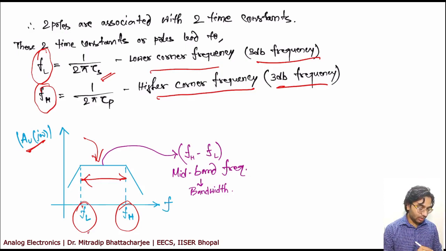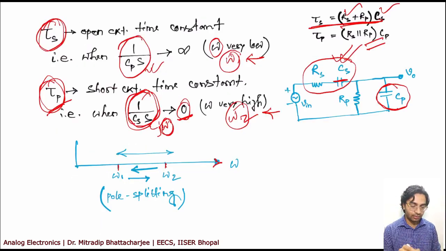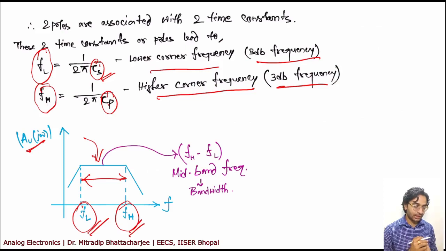And you can change the values of FL and FH by changing tau s and tau p. And tau s and tau p can be changed using the values of the Rs components, right? So you can actually get a higher bandwidth if you choose those values wisely.